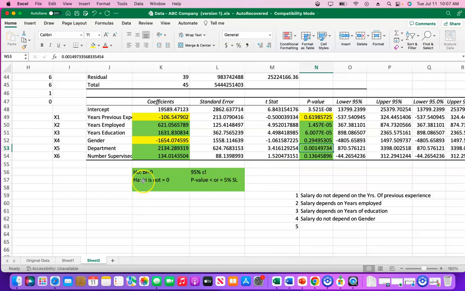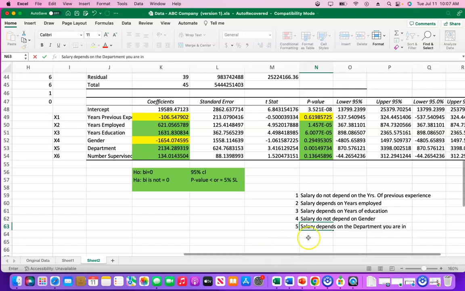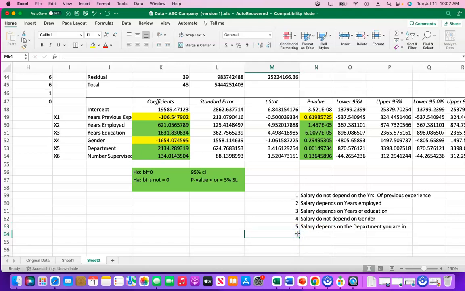And therefore, we'll say that yes, this slope is significant. It is significantly different from 0. And so we're going to accept that salary depends on the department you are in. So there are some differences in salaries if you work in a particular department.